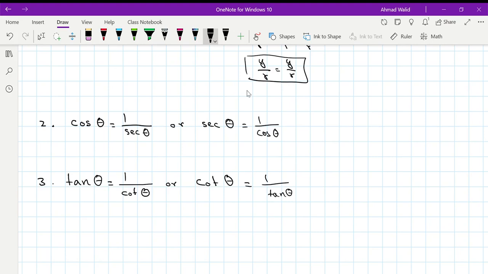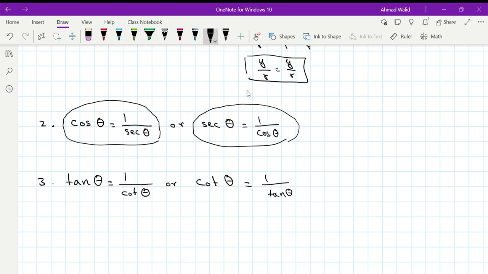When we say the reciprocal of cosine is secant, the mathematical notation is cosine theta equals 1 over secant theta. Or the reciprocal of secant is cosine, then the mathematical notation is secant theta equals 1 over cosine theta.